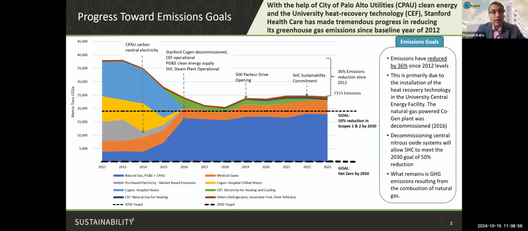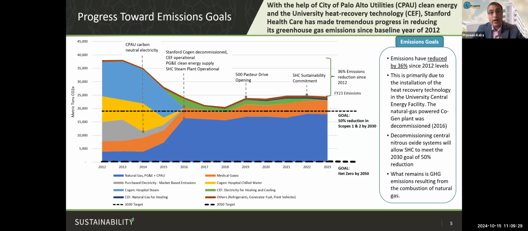Now coming back to medical gases, they were responsible for around 11% of our main Palo Alto campus Stanford Healthcare carbon footprint in 2012, and roughly 2% of our carbon footprint at the Redwood City campus. As you can see, medical gases are shown in the orange line, and the medical gases carbon footprint is actually increasing. It was 11% in 2012, and it went up to almost 25% in 2022.